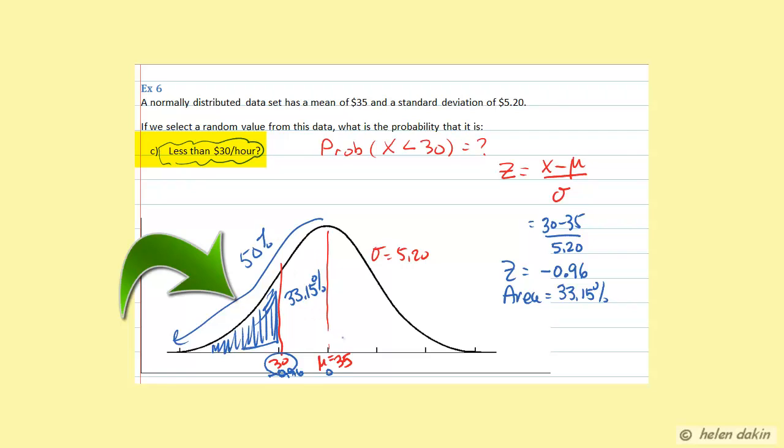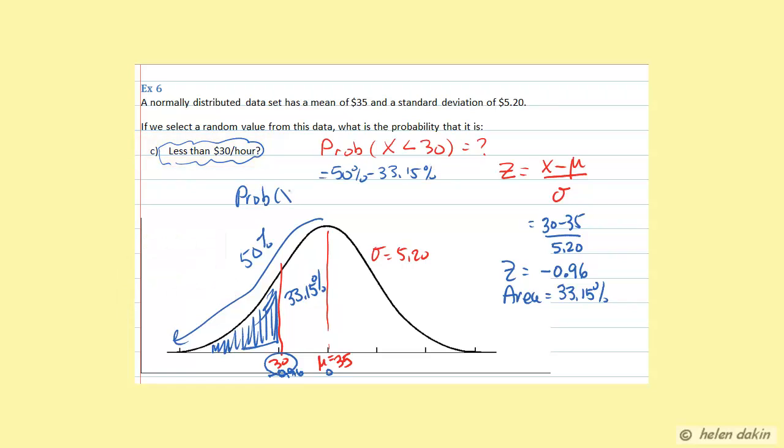So the probability that x is going to be less than 30 is equal to 50% take away 33.15%. In other words, the probability that x is less than 30 is equal to 16.85%.